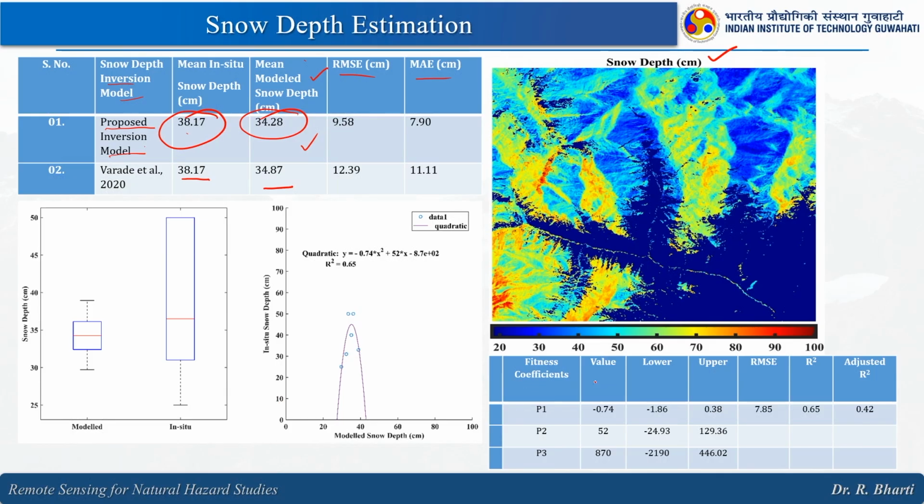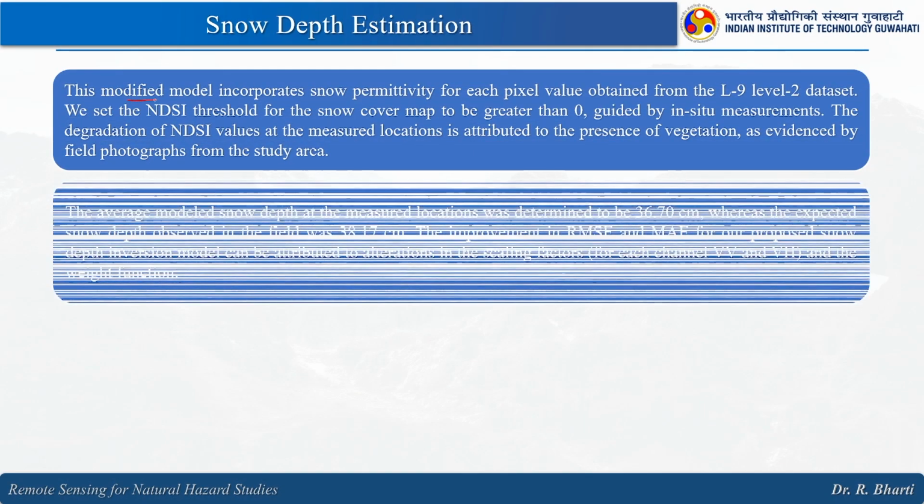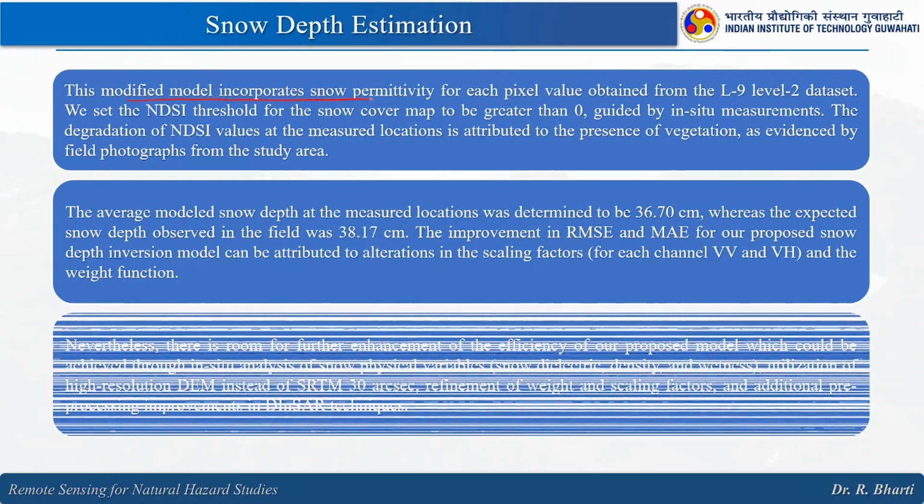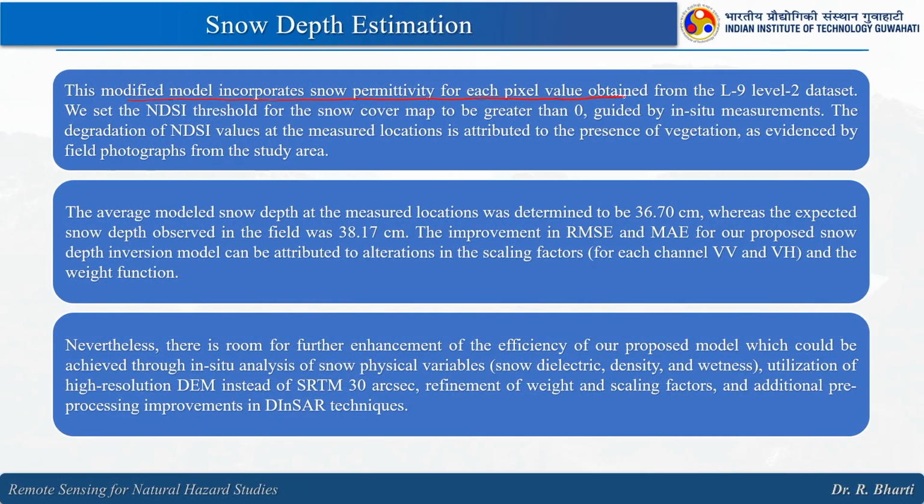So, here you can see the lower bound, upper bound, RMSE, R square, adjusted R square given here, right. So, this modified model incorporates snow permittivity for each pixel value obtained from the Landsat 9 level 2 data set. We set the NDSI threshold for the snow cover map to be greater than 0, guided by our in situ measurement, because we have visited the field and then we have identified this should be the threshold.